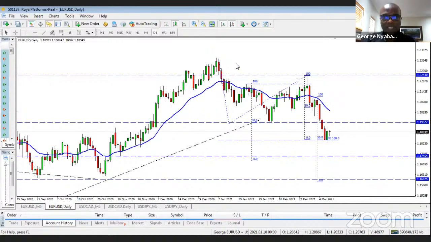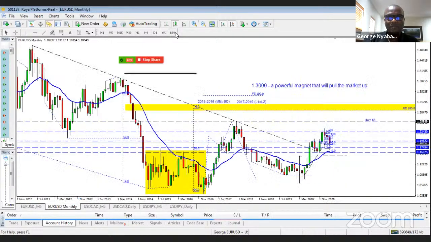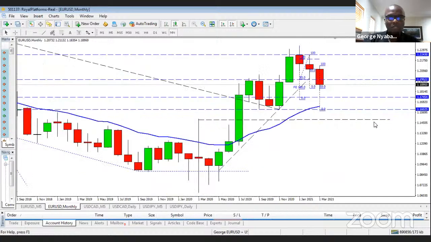If this is the first time following me on this, where you actually have to start is on the monthly time frame. It looks a bit messy at the moment, but at the monthly time frame, I usually look at that at the beginning of the month just to see if there are any key levels of support or resistance that I need to watch out for that are coming into close view on my daily time frame.